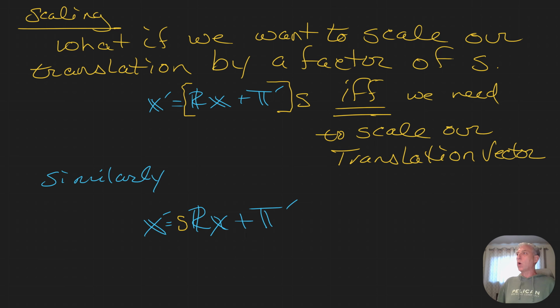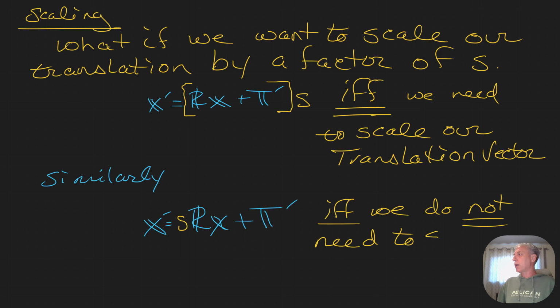But if we only multiply our scaling factor to our rotated coordinates, we want to use that form if and only if we do not need to scale our translation vector.